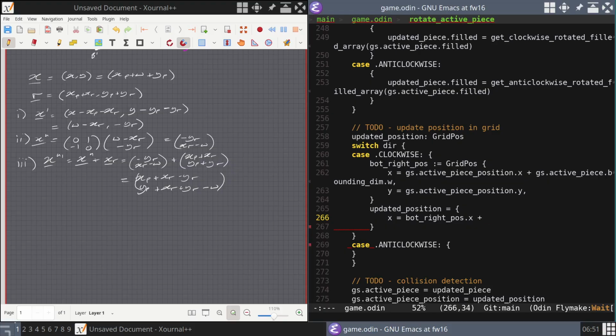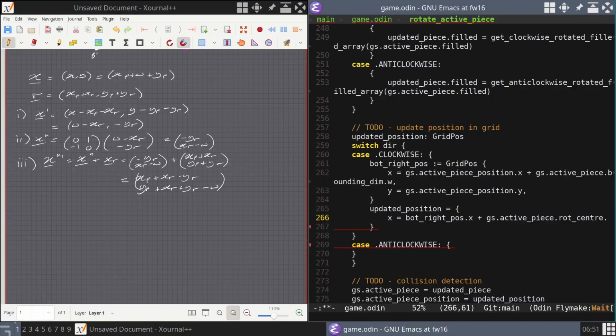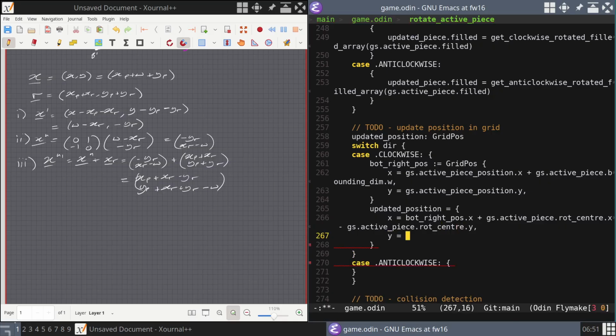So updated position will be bot right pos.x plus game state active piece rot center x minus game state dot active piece dot rot center dot y, and the y coordinate will be at bot right pos. Yes, bot right pos is our xp yp plus game state active piece dot rot center.